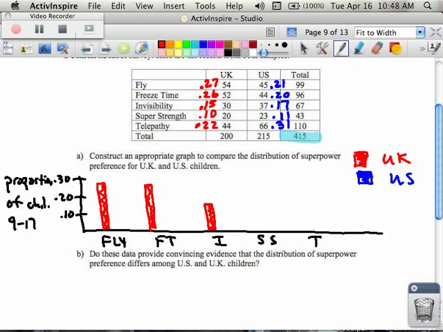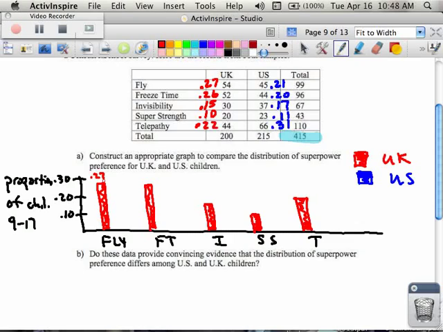For super strength, it was 10. And for telepathy, it was 22. And it might be helpful to the reader of your test, like we've done in the past with bar graphs or even histograms, if you put the number at the top, like 0.27. It's not required, especially if you displayed that information somewhere else, but it definitely leaves no doubt to the reader of your test what's going on.